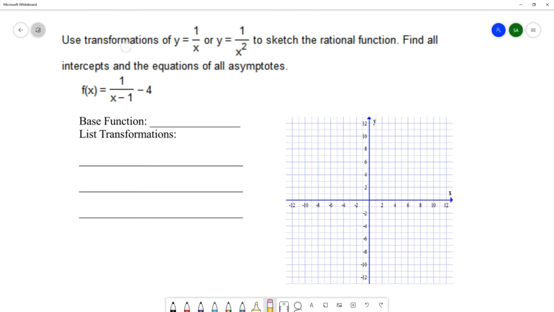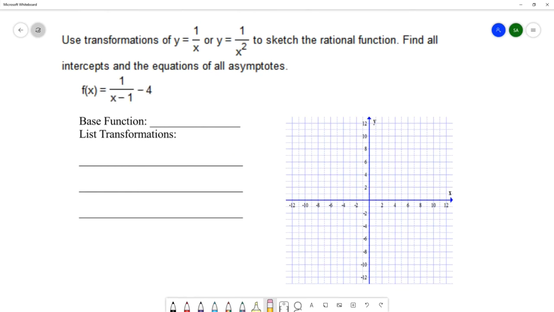Use transformations of y equals 1 over x or y equals 1 over x squared to sketch the rational function. Find all intercepts and the equations of all asymptotes. The function that we are trying to graph is f of x equals 1 over x minus 1, minus 4.